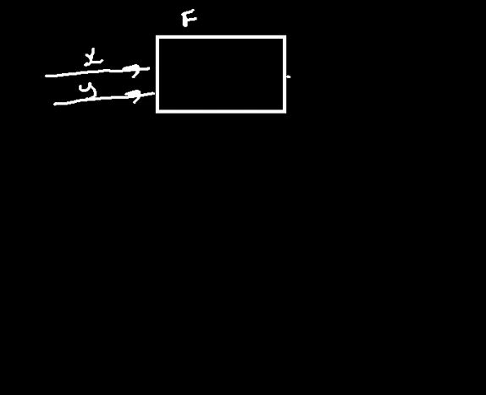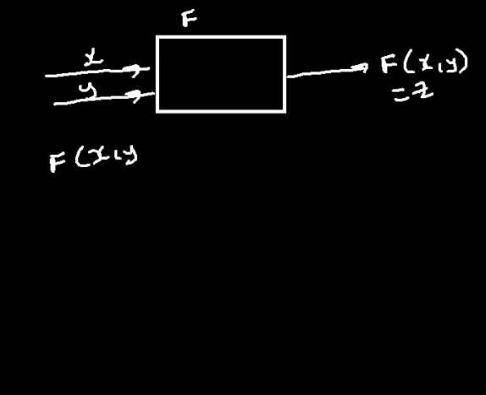Now the output of the system will be given as f of x comma y, since the 2 variables are inputs, which is also expressed as z. So according to the definition, f of x, y is given as z, where z is the output of the function. In this case, this is a function of 2 variables.